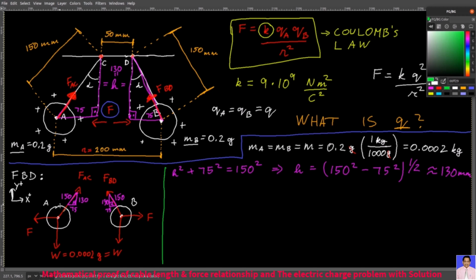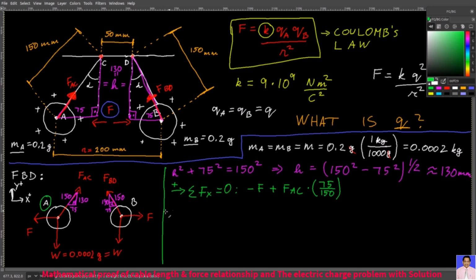And now we can use that when we use our equilibrium principle. So the sum of the forces in the x direction must be 0. And let's do it for this sphere A. So I will have minus F plus FAC. And now, instead of a cosine, we can just write 75 over 150.